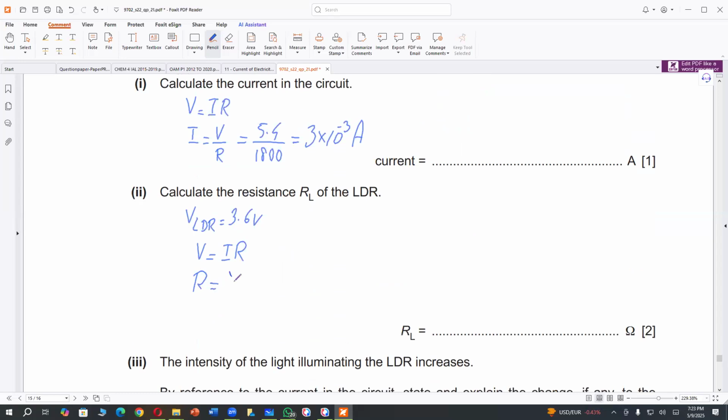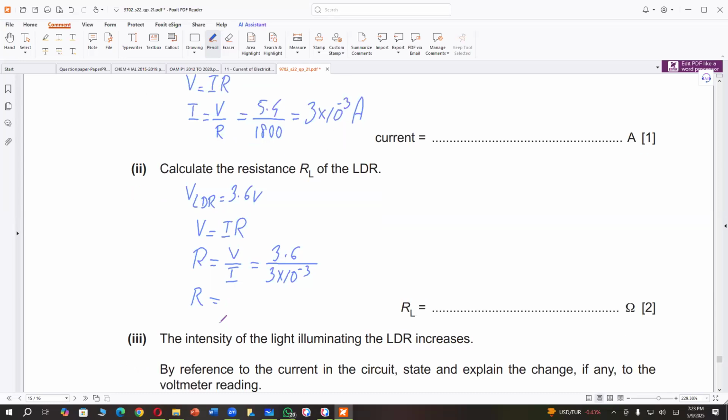Current is the same in series. So the resistance is 1200 ohm.